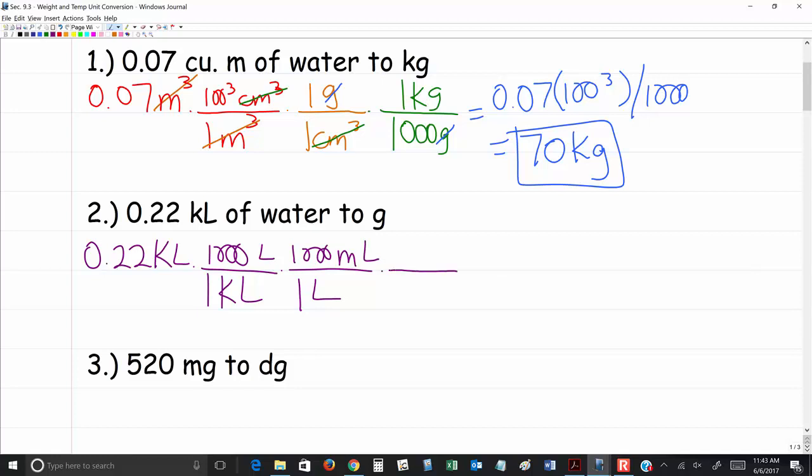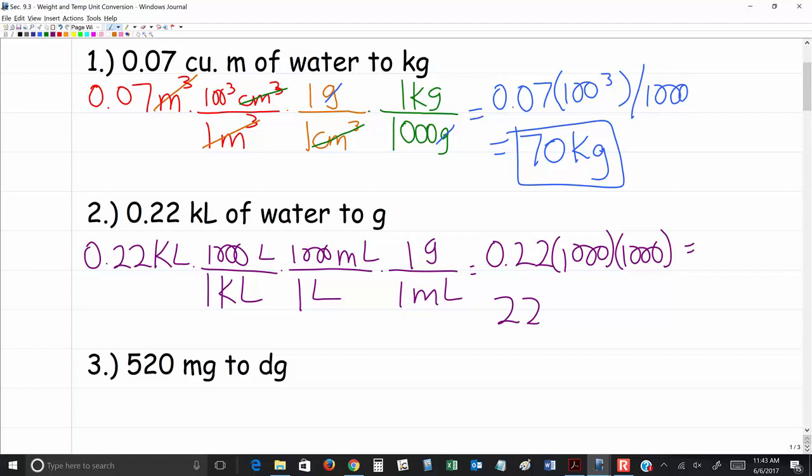And in the case of water, 1 milliliter equals 1 gram. So 0.22 times 1,000 times 1,000 equals 220,000 grams.